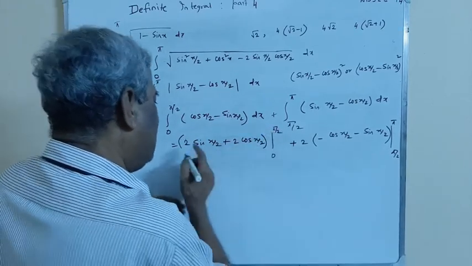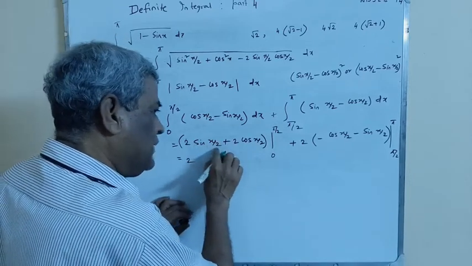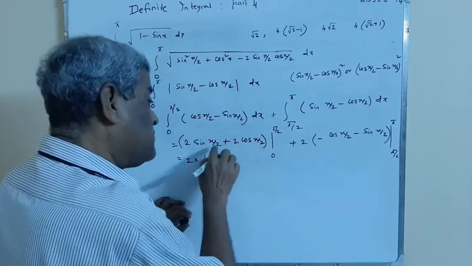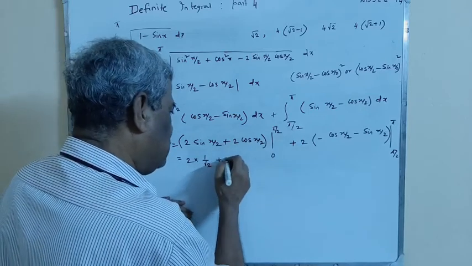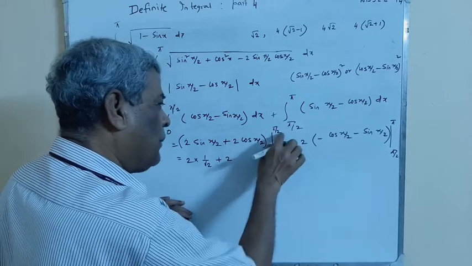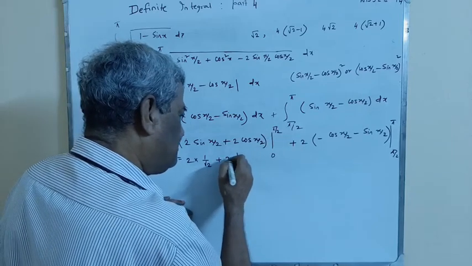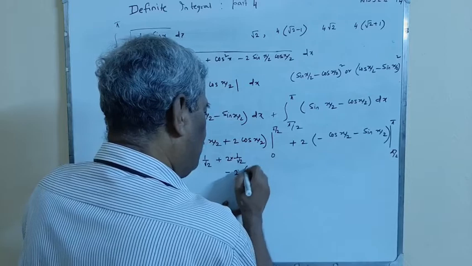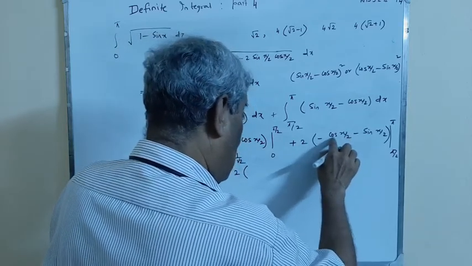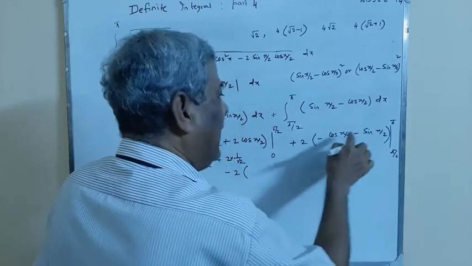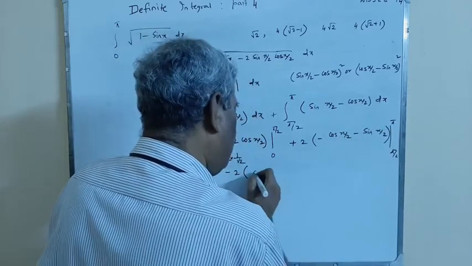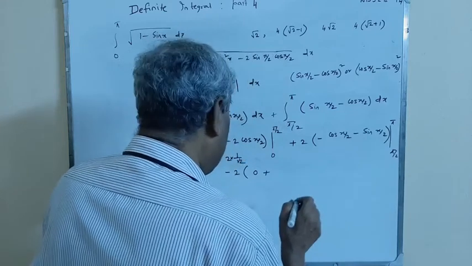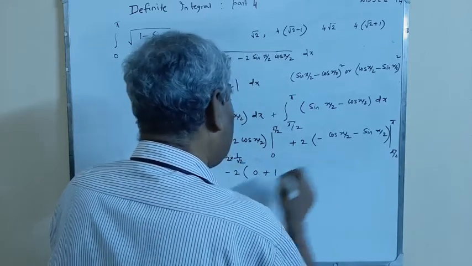In this case, it is equal to 2 into sin x by 2, x is pi by 2, sin x by 2 is sin pi by 4, 1 by root 2, plus 2 cos of that means cos of pi by 4 is again 1 by root 2, minus 2 into, this is cos, minus is taken, and cos pi by 2 is 0, then plus sin pi by 2, sin pi by 2 is 1.